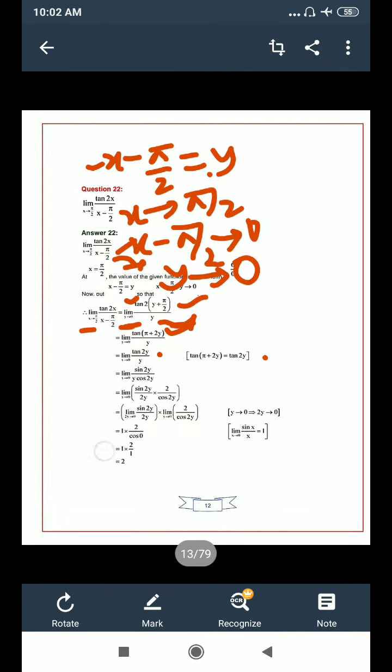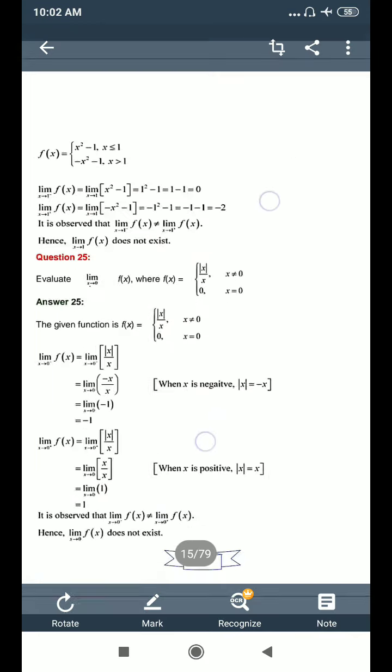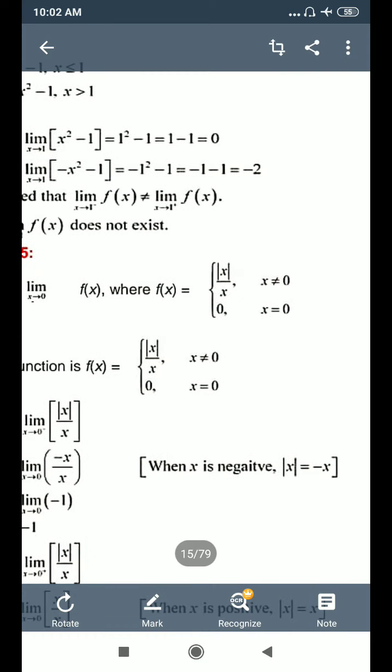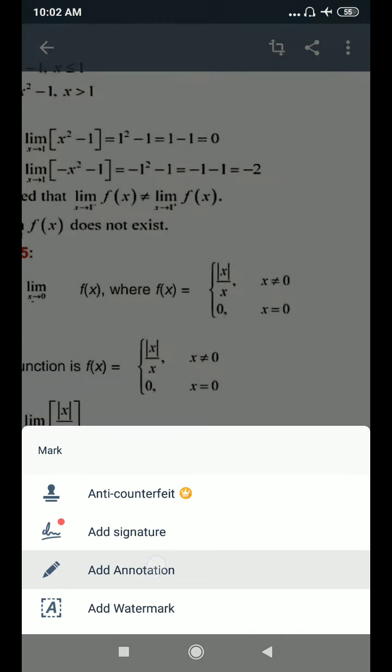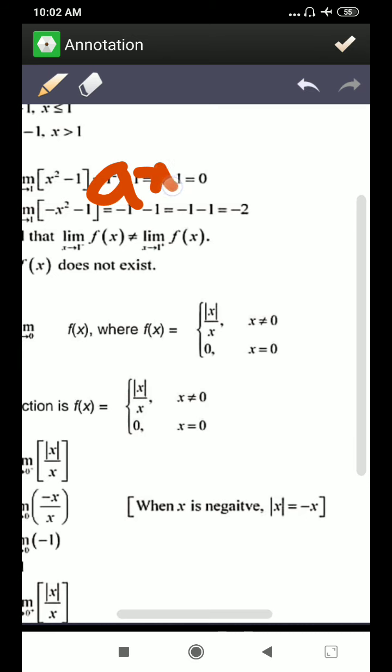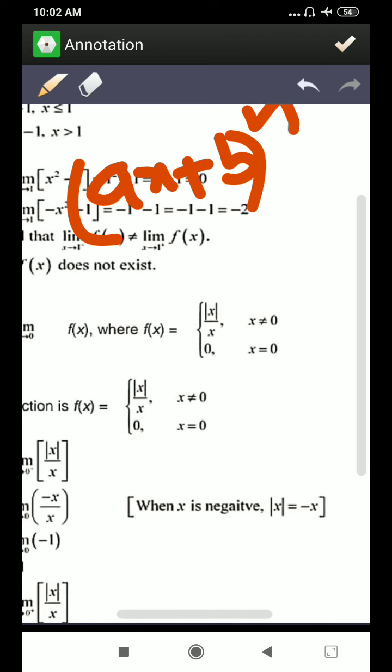So just see, if power n is given on anything, you can have questions like this: ax plus b raised to power n. So how to differentiate it?